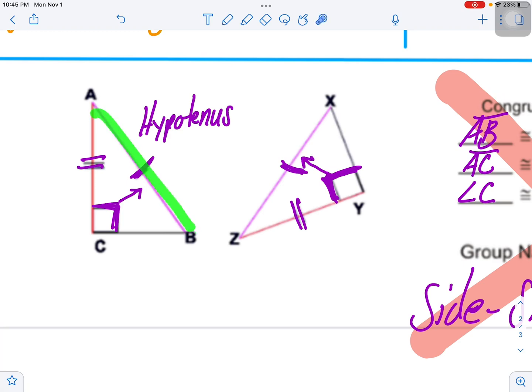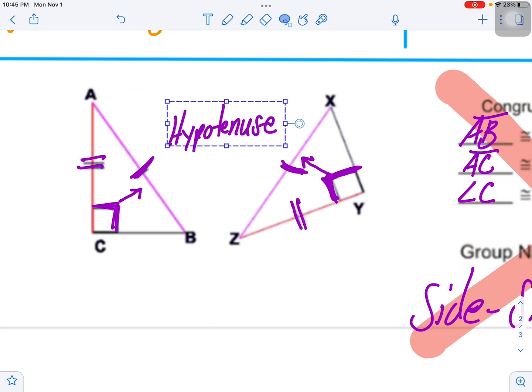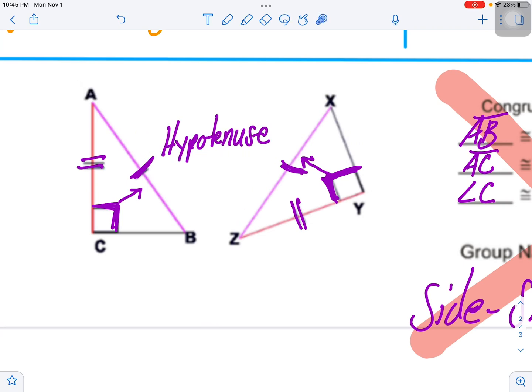So these two are called the hypotenuse, right? And I forgot to write an E here. And actually, let me put it more in the middle. These are called the hypotenuse. And we know that whenever we have a right angle, across is the hypotenuse.